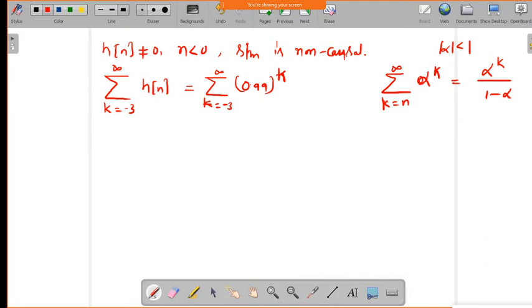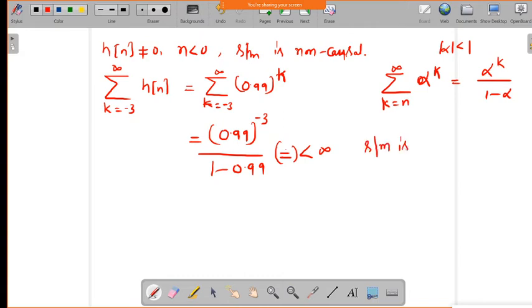It is varying from minus 3 to infinity, and we can express this as 0.99 power minus 3 divided by 1 minus 0.99. So, we can find out the value of this. Since it is less than infinity, whatever value we get, the system is stable.